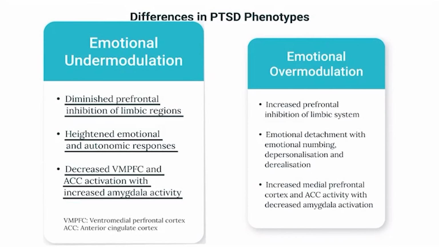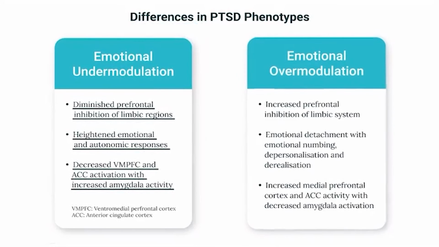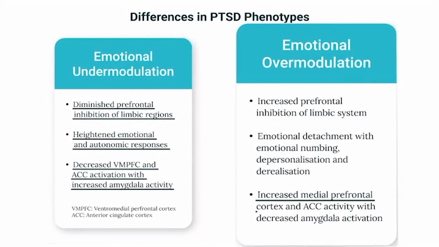amygdala activation. On the other hand, if there is increased ventromedial prefrontal cortex and anterior cingulate activity with decreased amygdala activation, so there is excessive frontal inhibition of the limbic system.